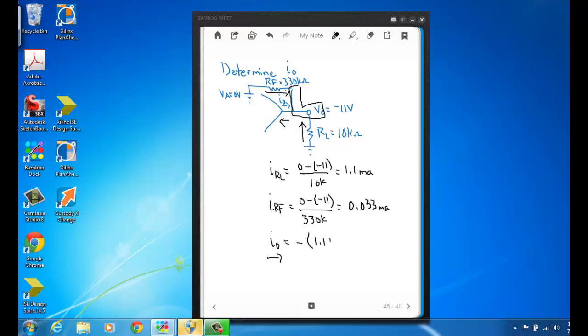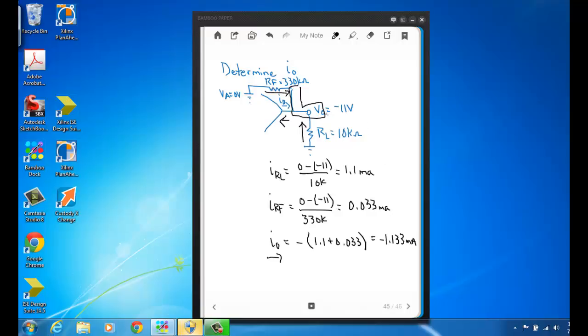So 1.1 plus 0.033, and that's going to equal an answer of minus 1.133 milliamps. Of course, if you redefine the direction of I0 going, the actual direction from right to left, well, then we would just show this value as a positive number, as you learned in circuit theory, that the minus sign in front of a current just means that the indicated direction is actually the opposite way.